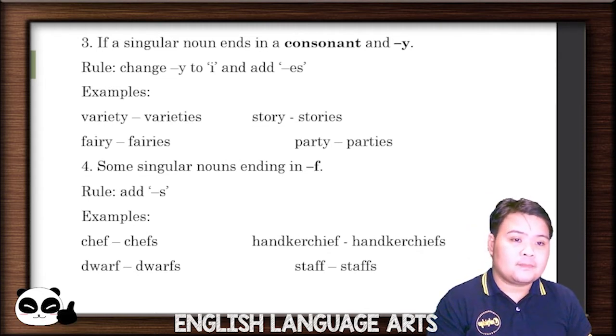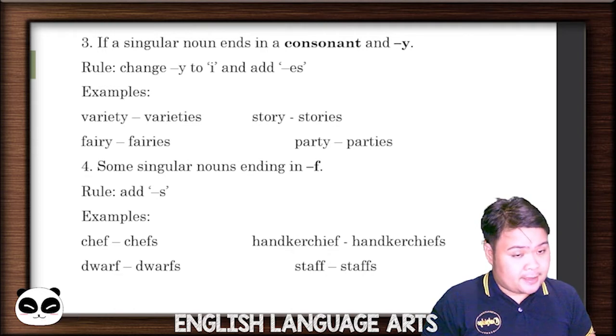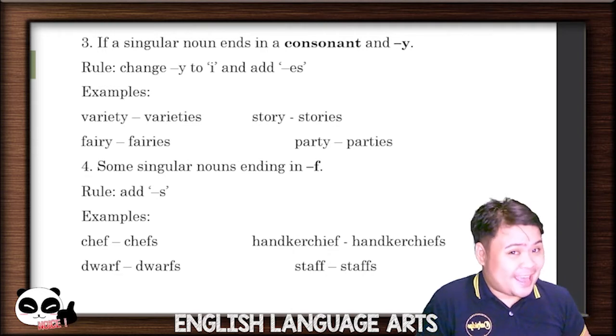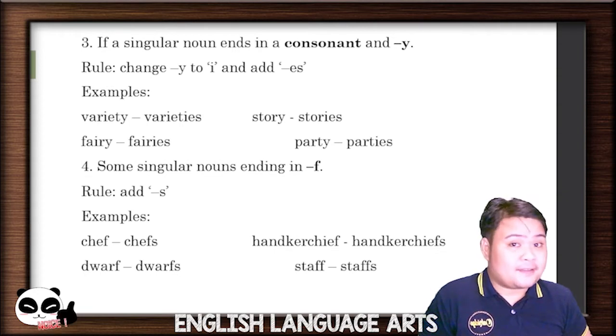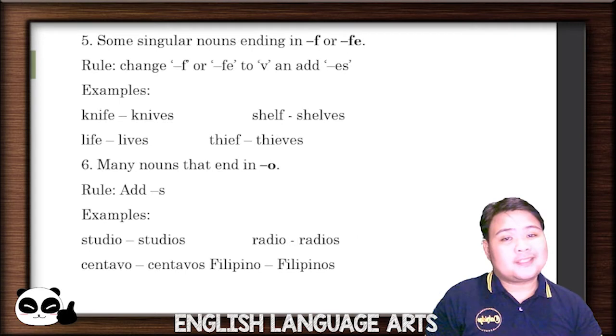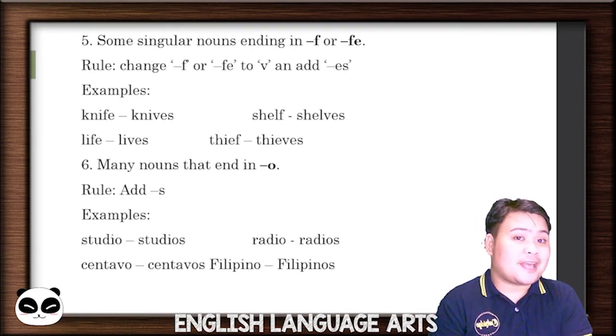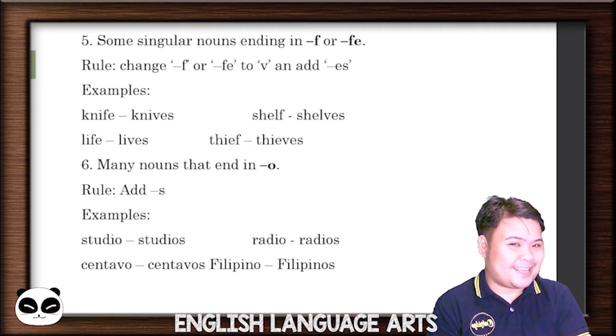All right. What if it ends in f? For most of the nouns that end in f, just simply add s. Chefs, dwarfs, handkerchiefs, staffs. But for certain nouns that end in f, you change the f to v and then add es.